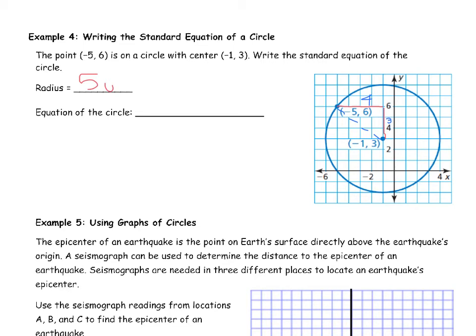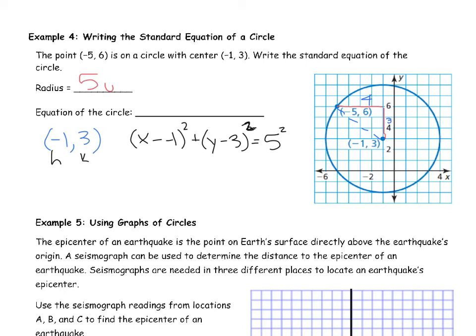Okay, so now that we have that, we can write our equation of the circle with the center being at negative 1, 3. So therefore that is my h, that is my k. And we would have x minus h squared plus y minus k squared equal to r squared, which we discovered is 5 squared.